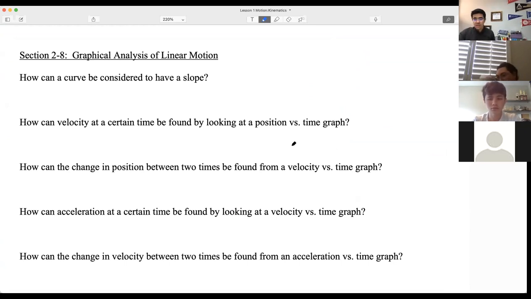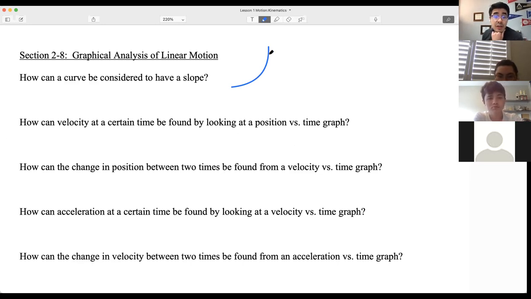So if we want to analyze all these motions, how can a curve be considered to have a slope? If we have a curve like this, and we want to find its slope, how do we do that? Find 2 points.